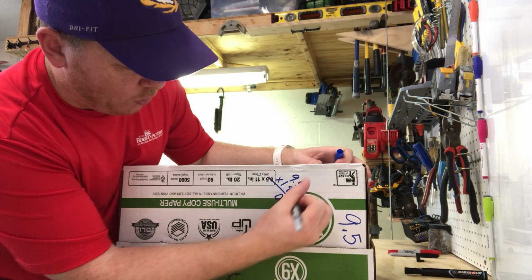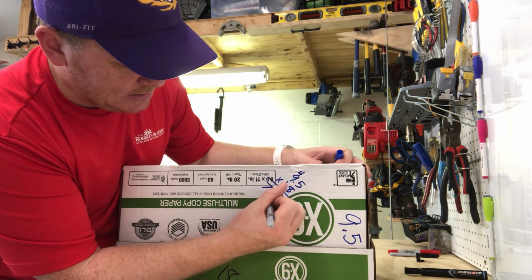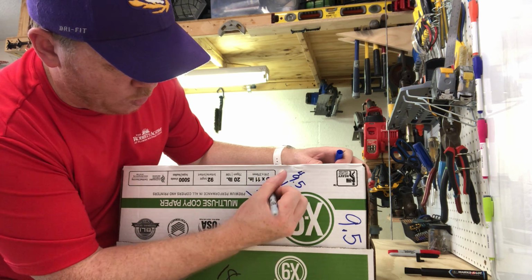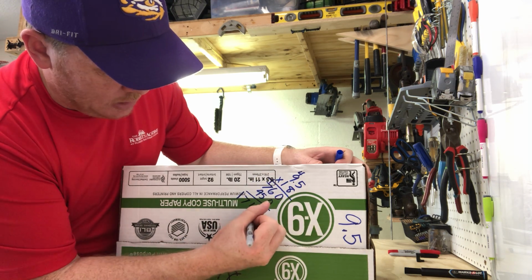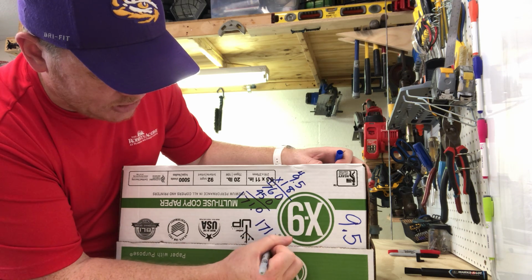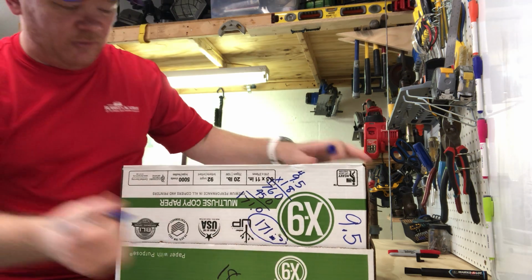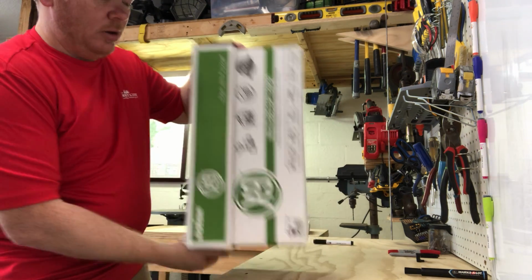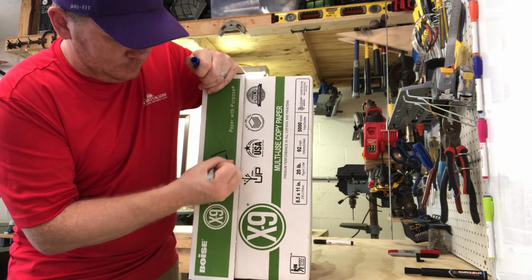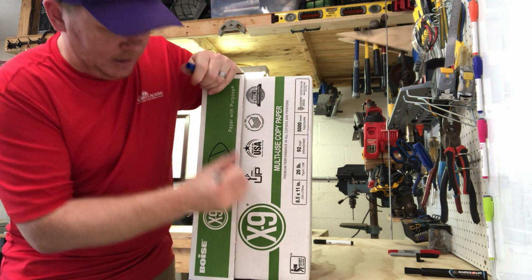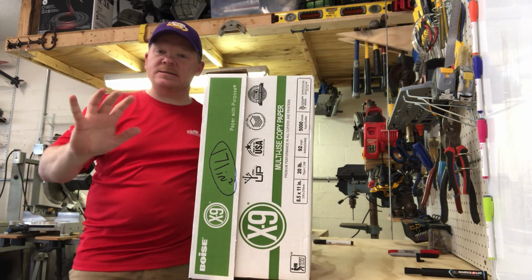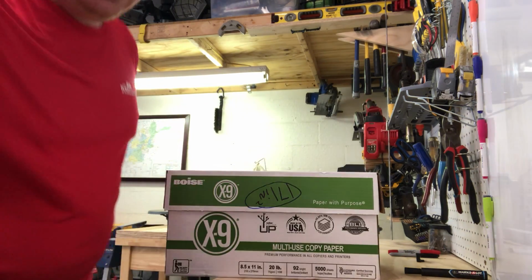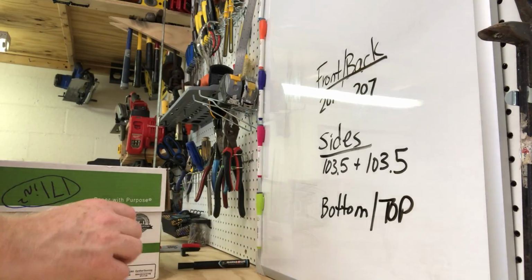It's going to be 171. So 171 inches squared for the top, and then 171 inches squared for the bottom. Okay, because the top and the bottom are going to have the same exact dimensions. So 171 top, 171 on the bottom.